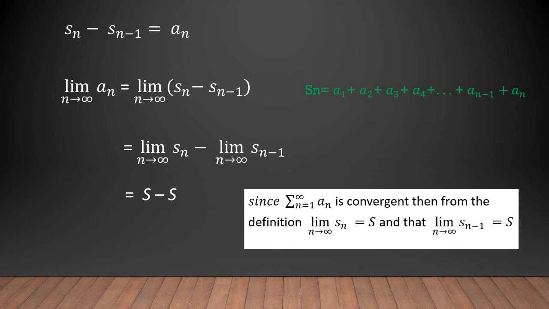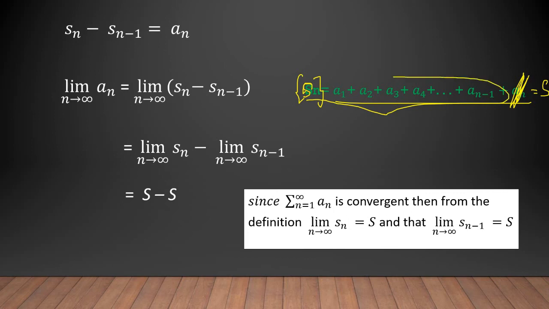Take a look at this. This is the summation for Sn, and we assume that this is equal to S. Now, if we remove the last term and only add up to the previous one, that will be Sn minus 1.